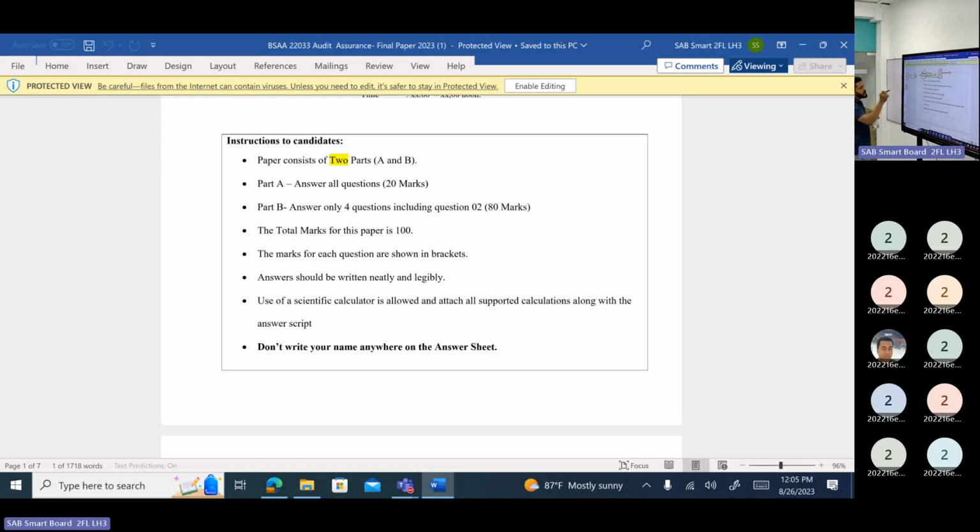And then we have a group assignment. The group assignment may be about audit planning, or key audit matters, or something else.